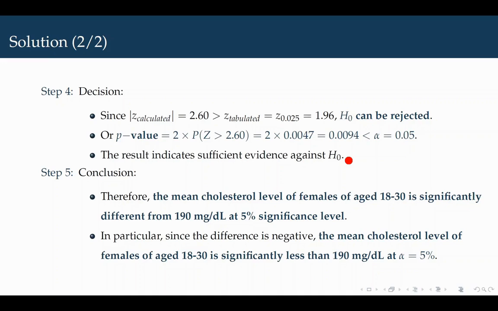So our conclusion is the mean cholesterol level of females aged 18 up to 30 is significantly different from 190 milligram per deciliter at 5% level of significance. And in particular, since the difference is negative, we can conclude that the mean cholesterol level of females aged 18 up to 30 is significantly less than 190.